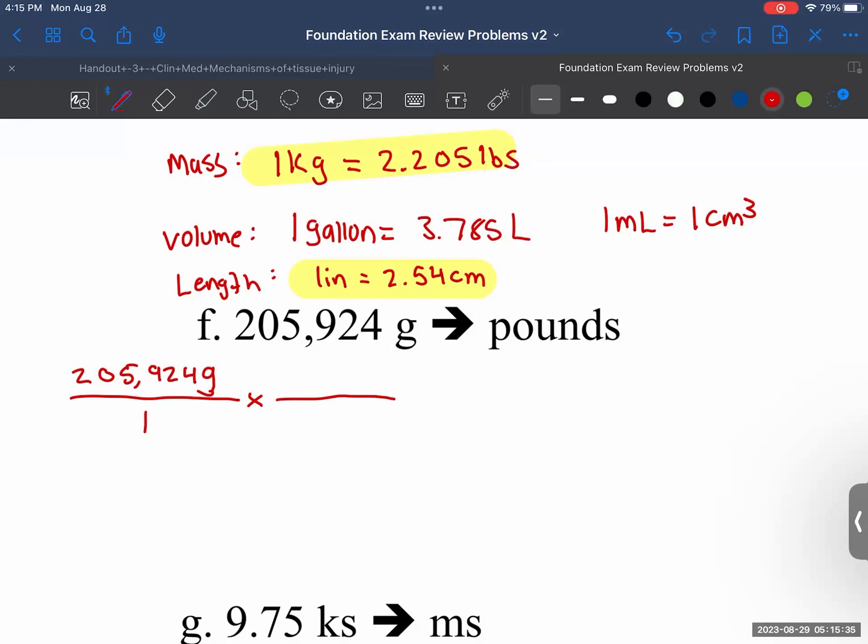So we know how many grams are in a kilogram. There's 1,000 grams, or 10 to the third, in 1 kilogram. And we know from what we memorized, because this is not going to be given to us on the test, that 1 kilogram equates to 2.205 pounds.